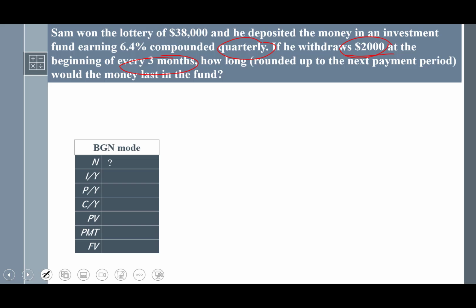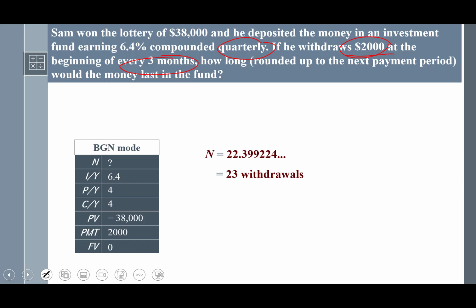Okay, so set to beginning. Interest rate 6.4, PY and CY are 4, present value 38,000. It's going to be withdrawing 2,000 every quarter till there's no money in the fund. How long is it going to take, how many withdrawals can he make? 22.39, rounding up, that's 23 withdrawals.